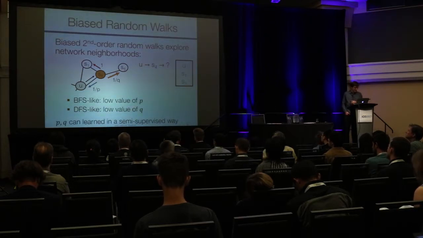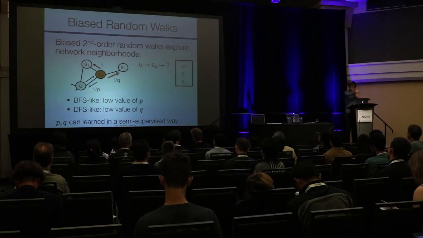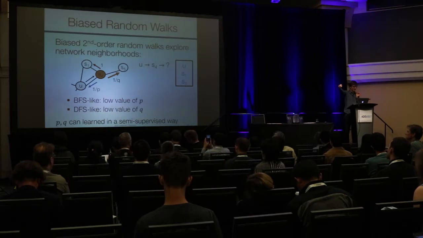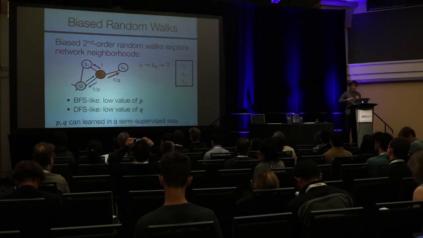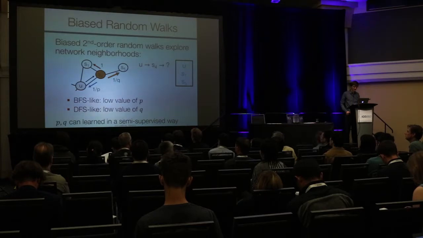And if I have a low value of q, this edge weight will be high. This means basically that I'll be walking away from node u. So depending on p and q, I can force the random walker to walk straight away from u and be almost like a depth first search. Or if I have a high value of q and a low value of p, then in some sense I can force the walk to stay in the local neighborhood of u, and this way generate the neighborhoods.